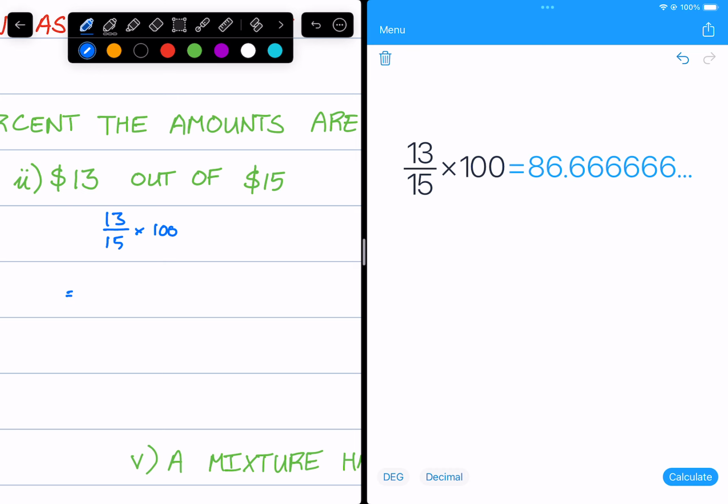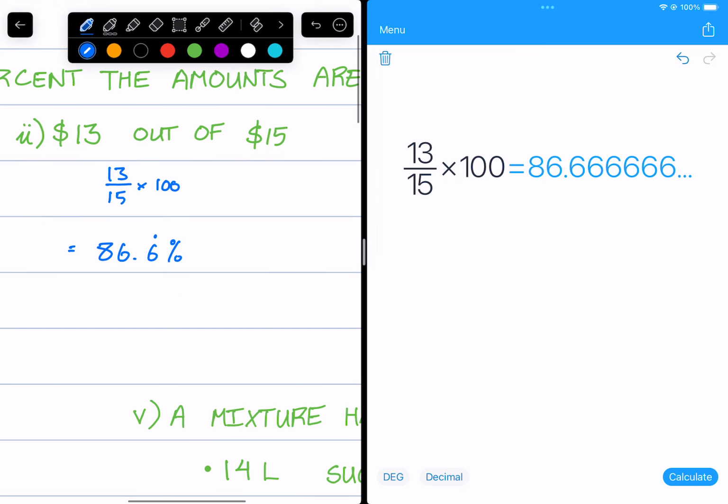We get a nice 86.6 recurring percent. And for this, like before, we can round this to any decimal place that we'd like, so we'll just make it 86.67%.